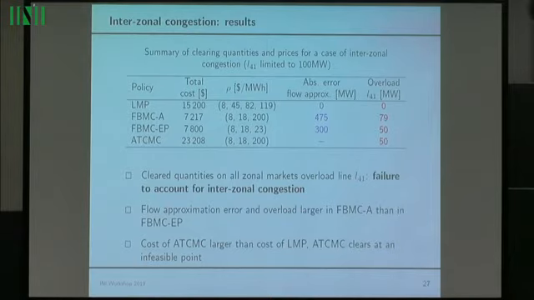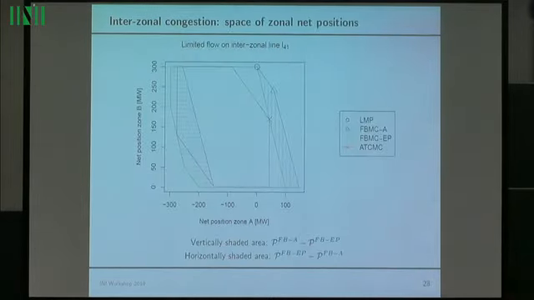And it's worth spending a bit of time comparing the cost differences here, but it's actually more useful to do that graphically. So what I'm doing here is I'm showing you, in the space of net positions, what are the feasible regions defined by the different models.